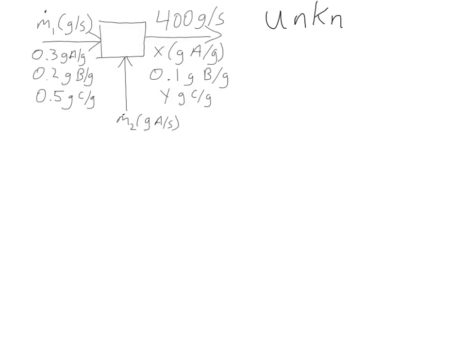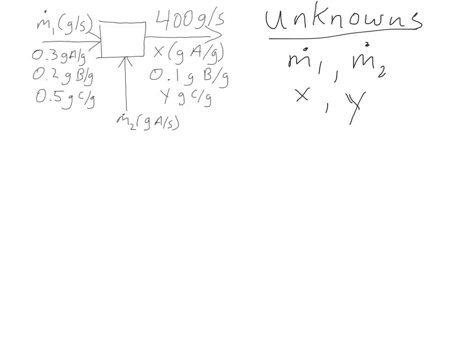Before I even do that, however, just so it's clear, I'm going to write out what unknowns we have. These are the things we're trying to solve for: M1, M2, X, and Y. The big reason I do this is because it helps me keep on track. When we have large problems that may involve 10 different variables or 5 or 15, whatever it is, it's easy to get lost and confused about what you're trying to do.